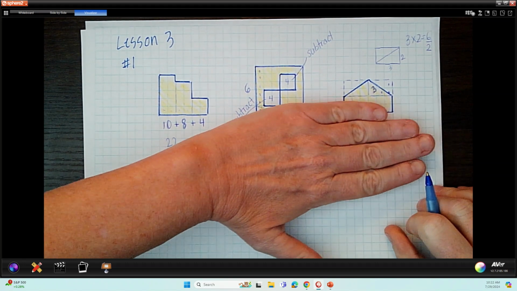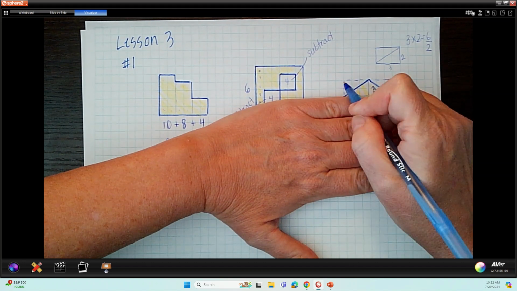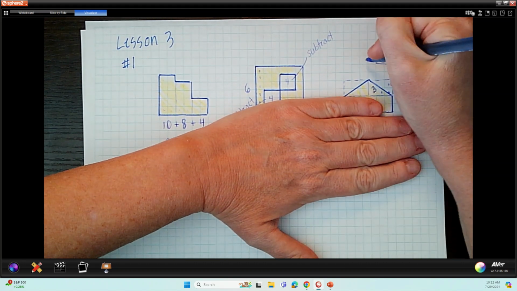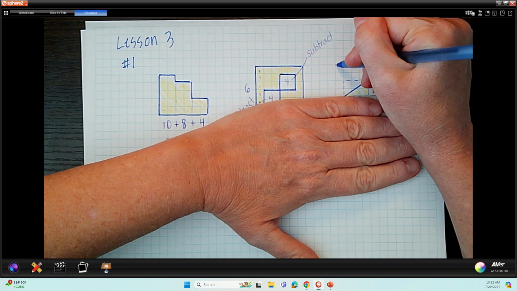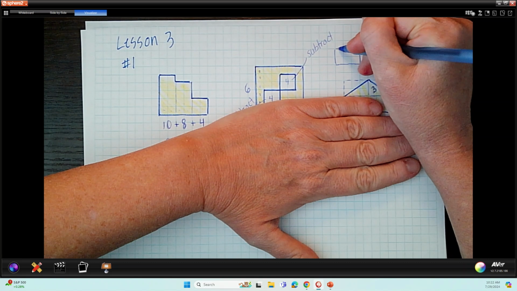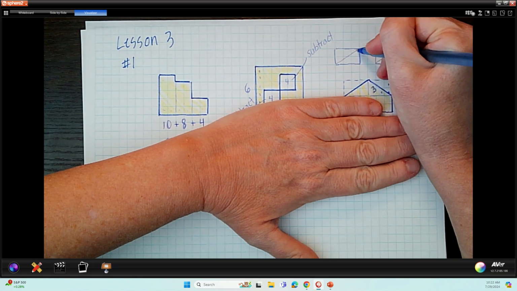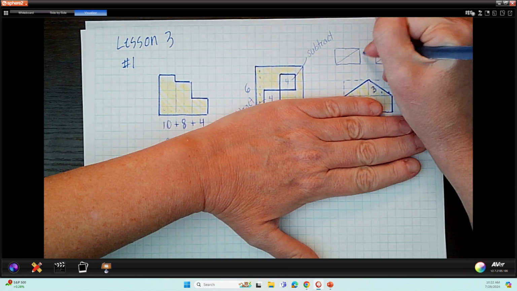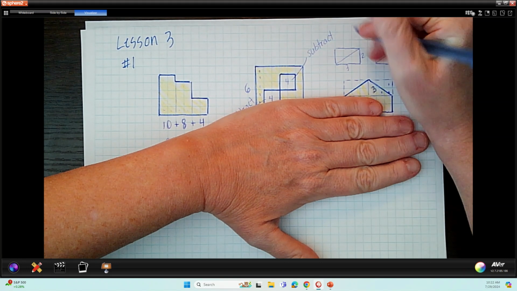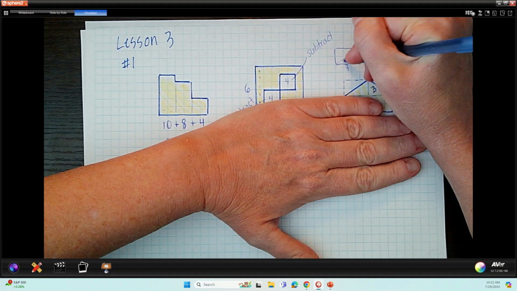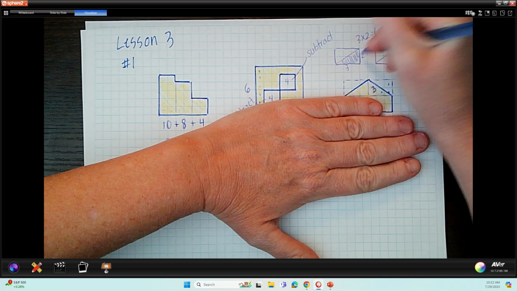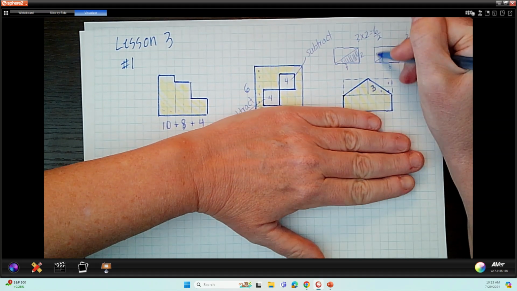Now, this exact same thing is on the other side. It's just reversed. So I'm going to show you 2 by 3. And here's the diagonal, right? So I know this is 2. I know this is 3. 3 times 2 equals 6, and half of 6 is 3. So now I just found this and this.